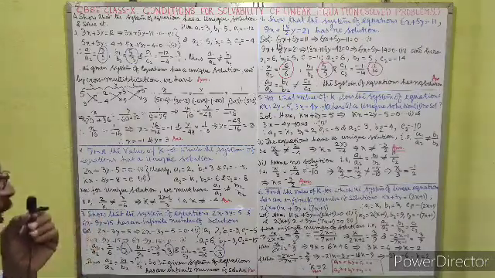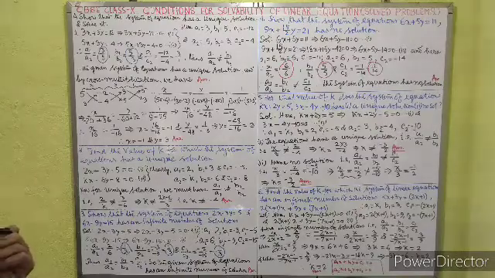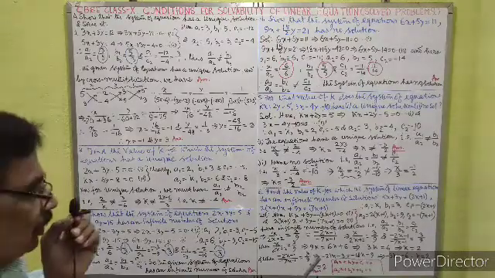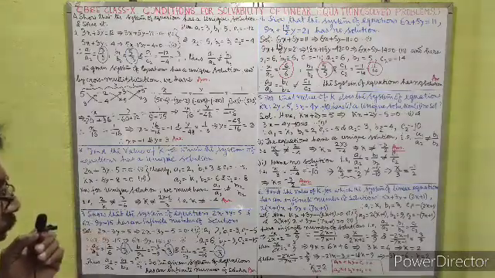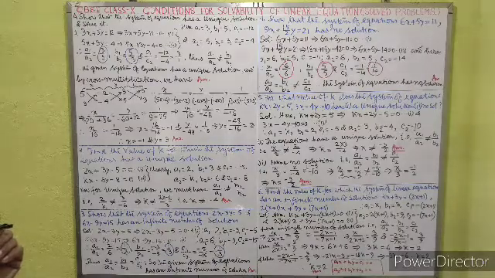This is the answer. Question number 6. Find the value of k for which the system of linear equations has an infinite number of solutions: kx + 3y = 2k + 1 and 2(k + 1)x + 9y = 7k + 1.